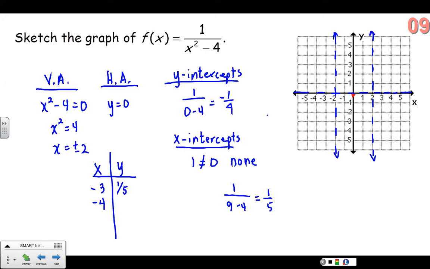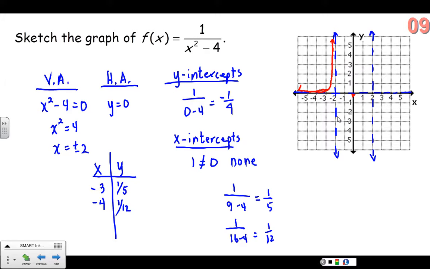If I try the 4, 1 over 16 minus 4, I get 1/12, which is a way smaller fraction. This is going to be really hard to plot, so we're talking really, really close to the horizontal asymptote here. So 1/5 is right here, and then we're going to hug the asymptote right here. So all that can happen is that it goes up.